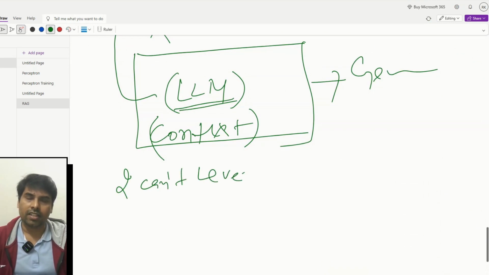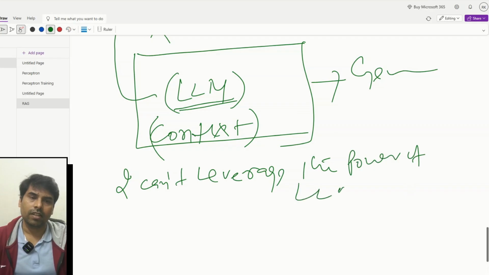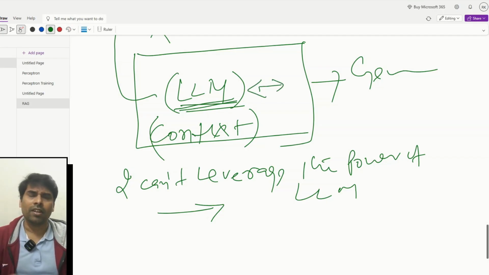In this case, I cannot leverage the power of the LLM, because for this private data set it will not give an accurate answer. It does not mean that the LLM has no thinking, because on the massive data it has already been trained in how to interpret.